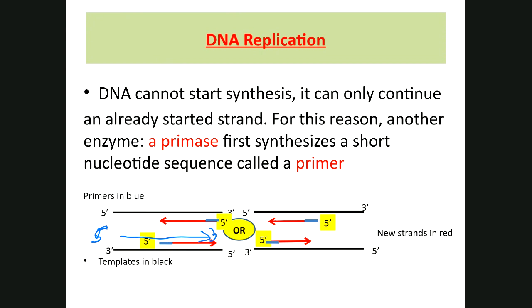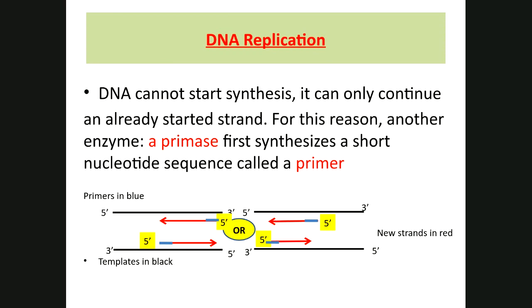So notice that when it comes to replicating DNA, you're going to have two strands being replicated on one side of the origin of replication, two strands being replicated on the other side. One of the strands will move away from the origin of replication, the other one will move towards it. And the same thing will happen on the other side. One strand will be replicated towards the origin of replication, the other one will be replicated away from it.